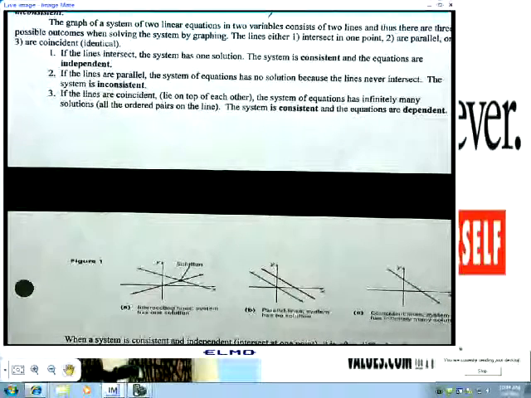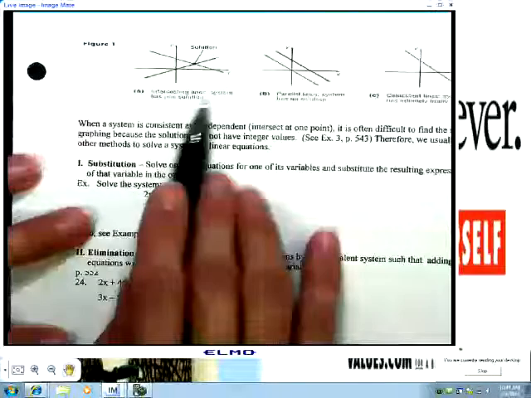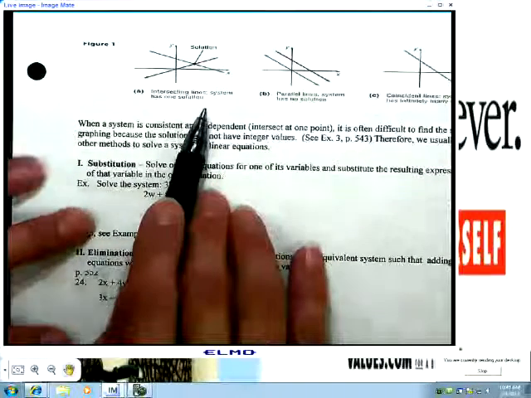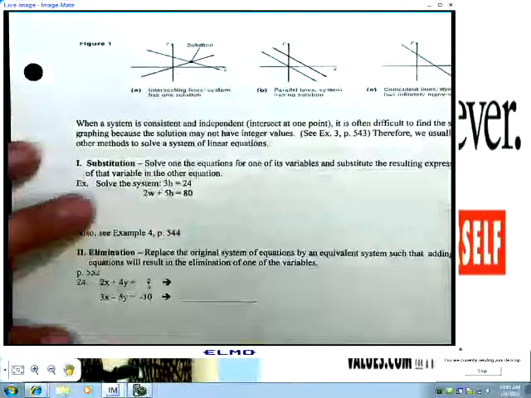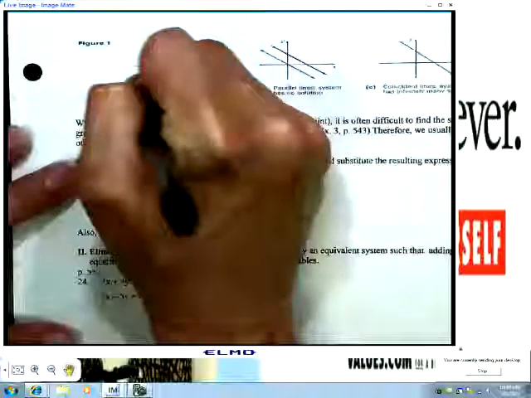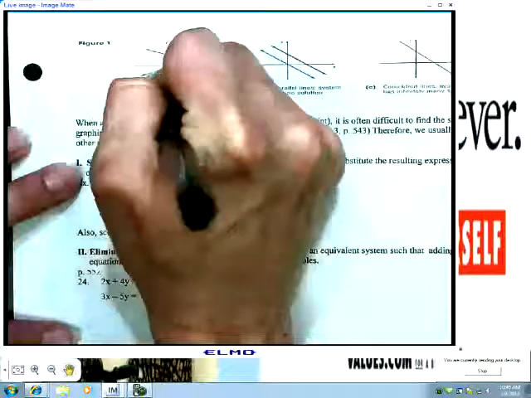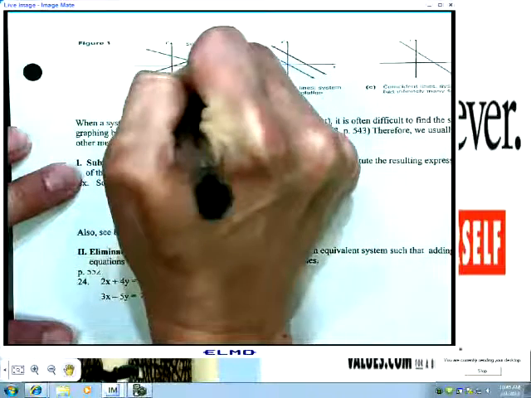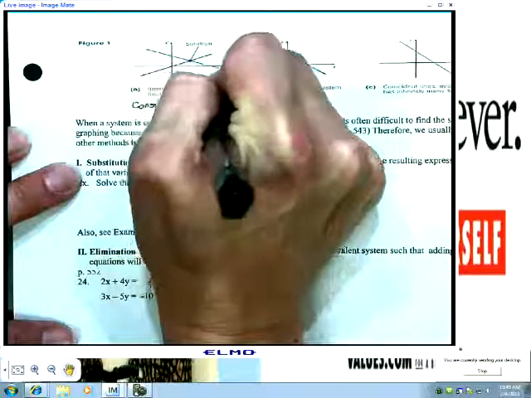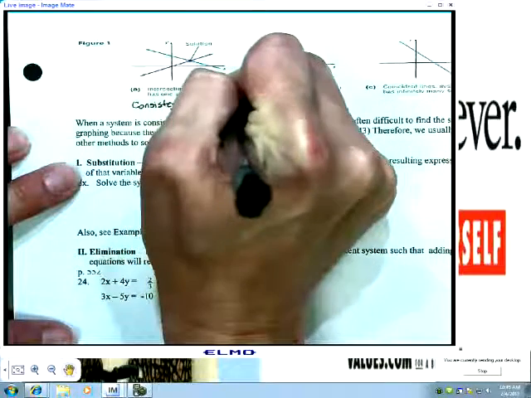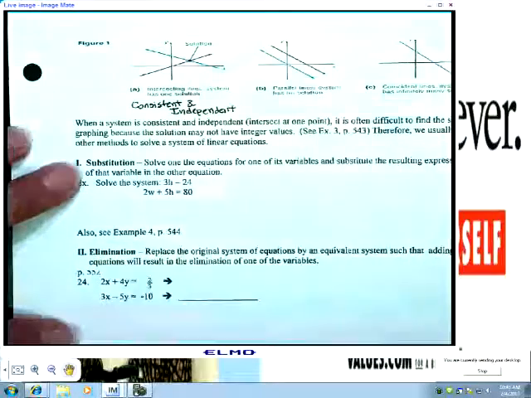Back to the picture one more time. If there's one solution, maybe I'll write it right here. If there's one solution, the system is consistent and independent. They're not the same line, so it's independent.